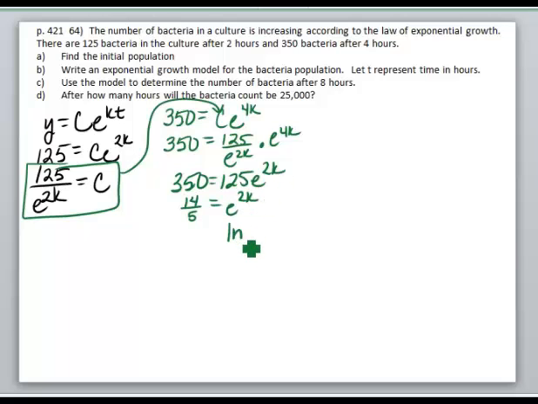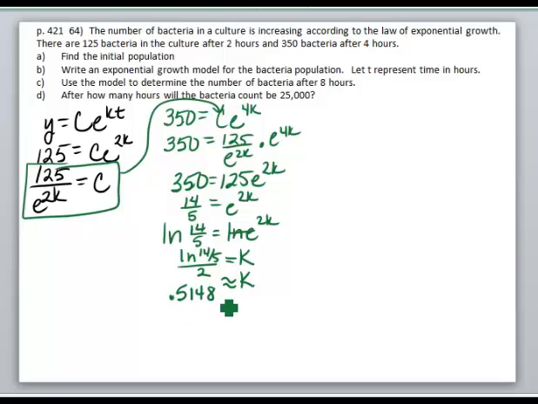Now I can ln both sides. And that allows me to say that k is equal to the ln of 14/5 divided by 2. K is approximately, when you plug that in your calculator, 0.5148. Now I can go back to my original problem over here where I was using 125 bacteria.